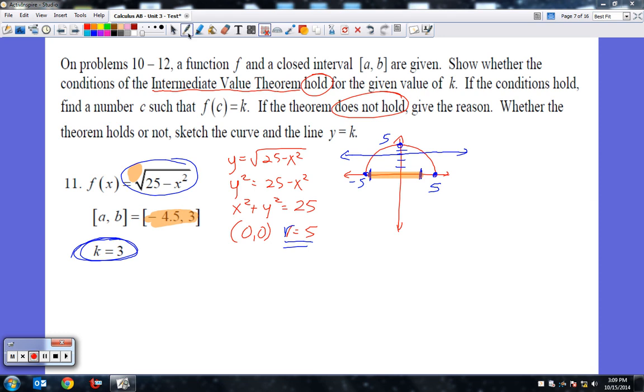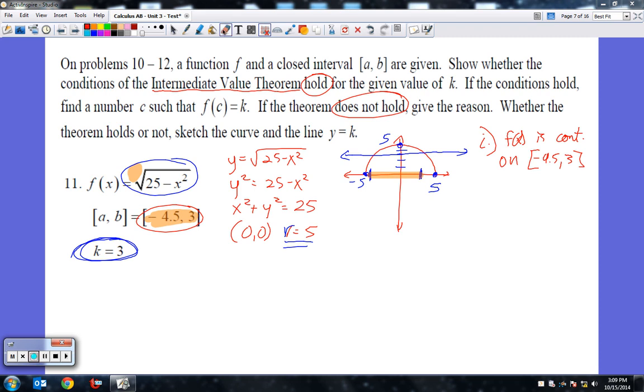The very first one is: is this continuous on this established domain that we're looking for? Well, in fact, it is. Looking at this, we're going to say f of x is continuous on negative 4.5 to 3.